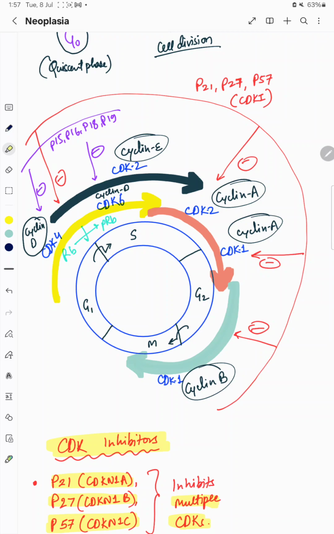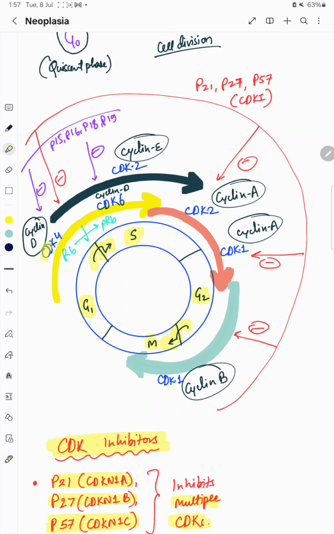This is a combined diagram which shows the various phases of the cell cycle, like G1, S, G2, M, and two checkpoints, G1/S and G2/M. RB gene acts as the G1/S checkpoint. Once activated, it inhibits or stops cell proliferation at the G1/S checkpoint.